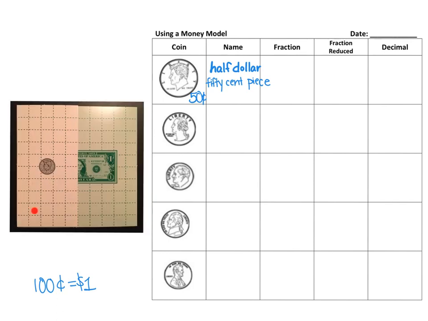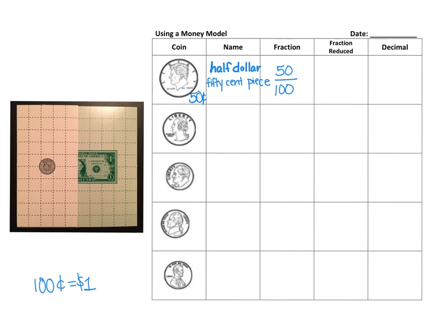So we're going to look at 50 cents. Here we have our 50-cent piece and the mat, which has 50 squares. 1, 2, 3, 4, 5 times 10. So in our fraction box over here, we are going to write 50 over 100 because the fraction is 50 hundredths. Now we can also see over here that the white is half of the green dollar mat.